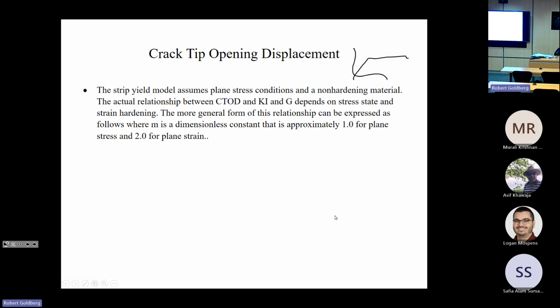And the actual relationship between the crack tip opening displacement and the stress intensity factor and the strain energy release rate depends on the stress state and the strain hardening.